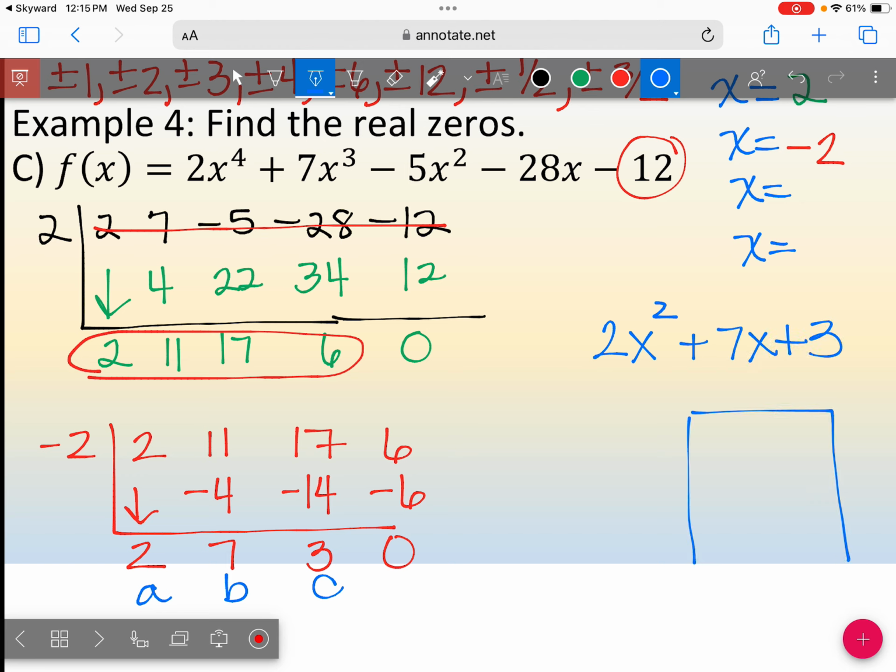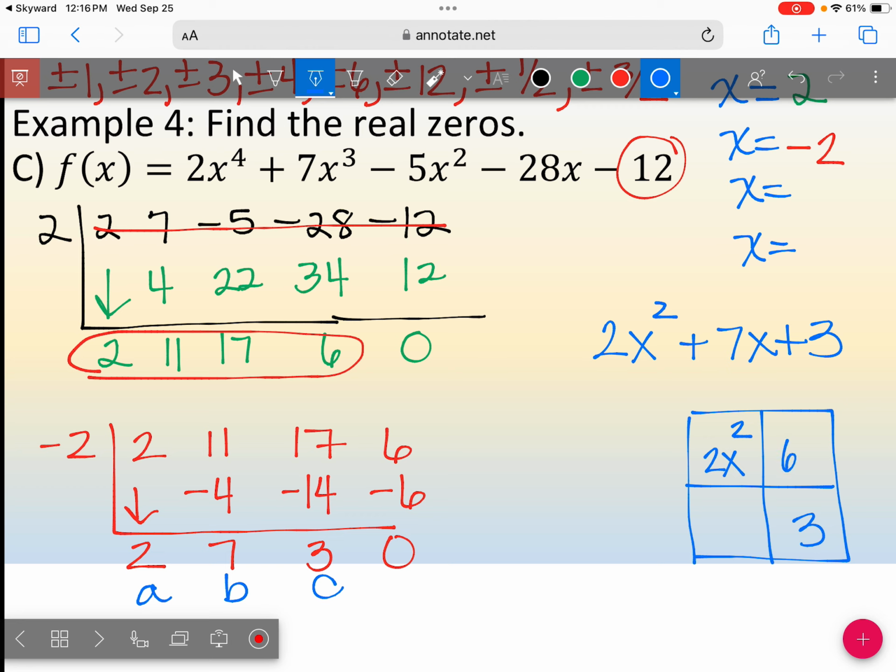Because A is 2, we're going to make a box. What would be your 2 numbers that multiply to 6 and add to 7?